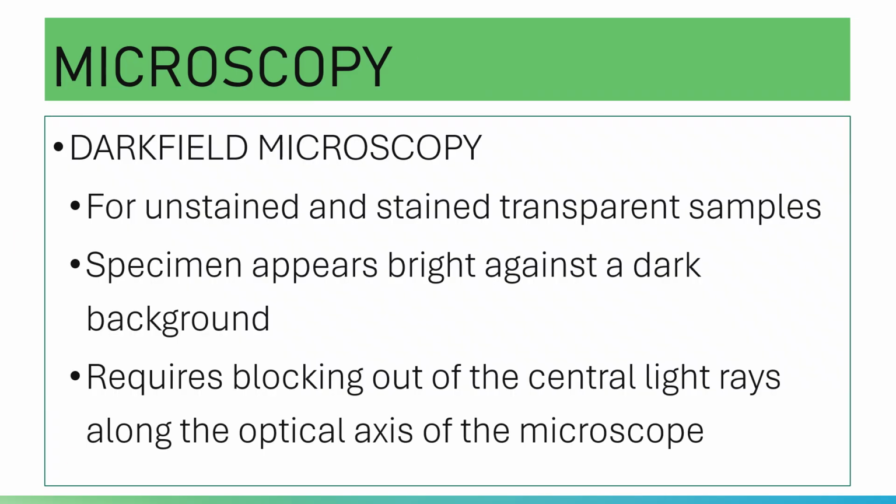You have here your dark field microscopy. Dark field microscopy utilizes a special condenser that will block the central light rays so that only the oblique light will hit the sample. Please note that light scattered by the specimen will enter the objective.